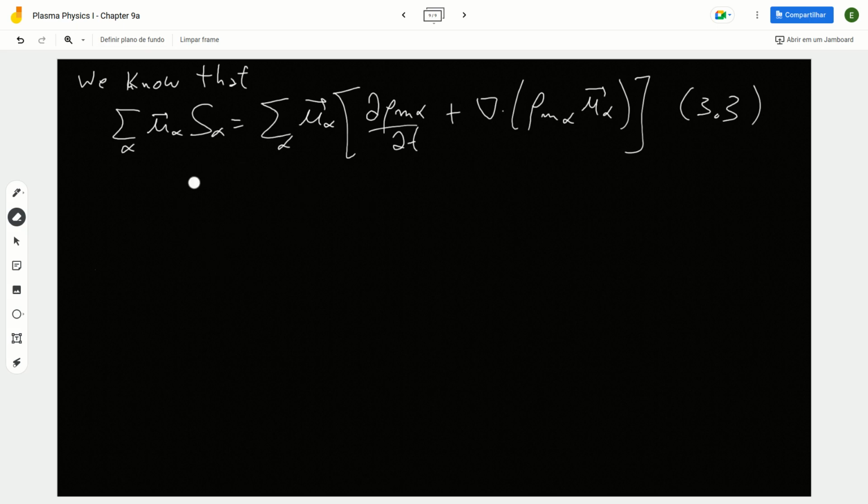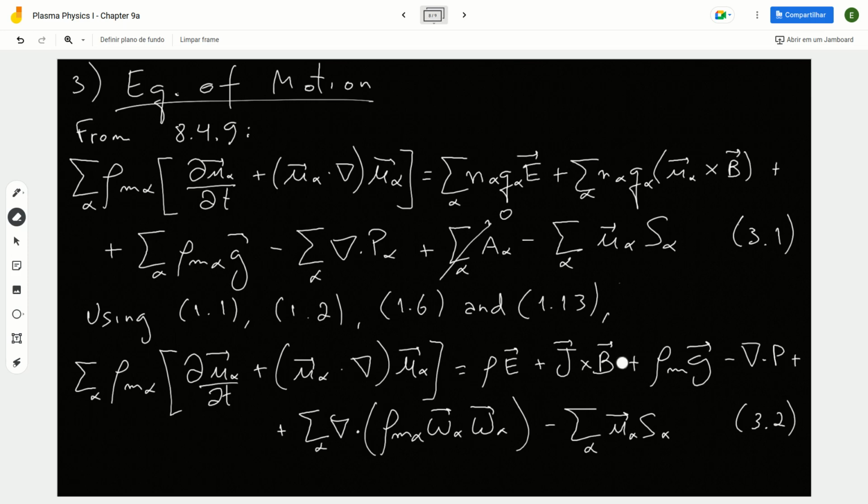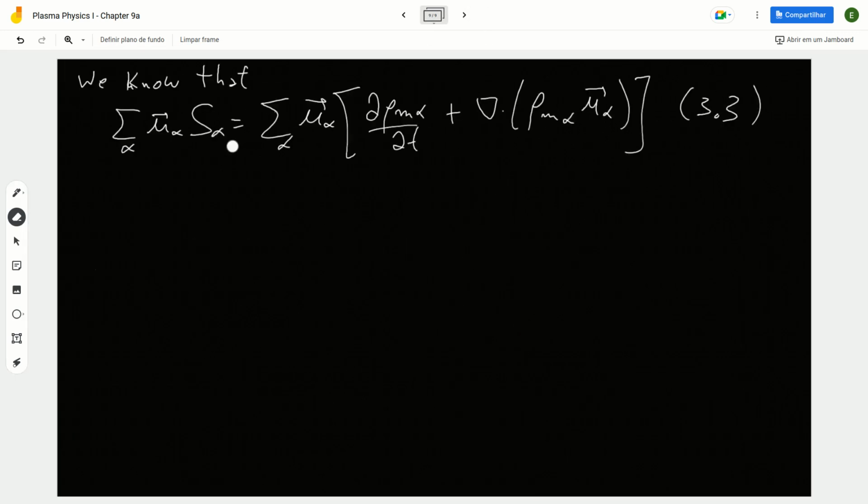Now, if I use this result with the left-hand side of equation 3.2, let me see here, 3.2. So we have this. And I'll just move this term to the left using 3.3. So using 3.3 in the equation 3.2, we have, what is the beginning?